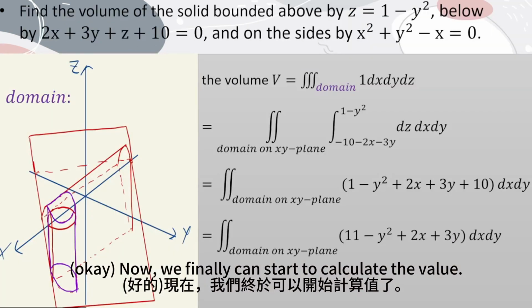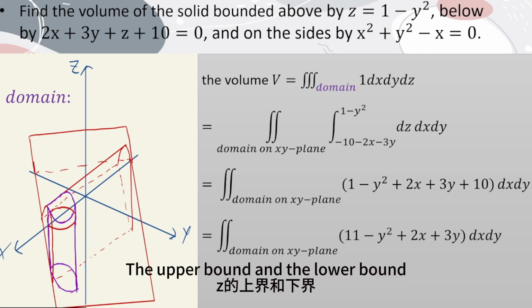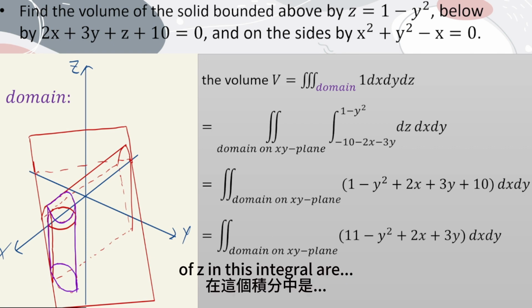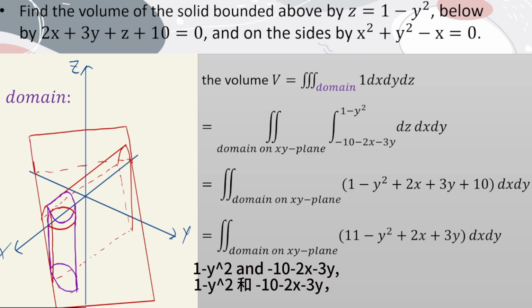Okay, now we finally can start to calculate the value. The upper bound and the lower bound of z in this integral are 1 minus y squared and minus 10 minus 2x minus 3 times y, right?